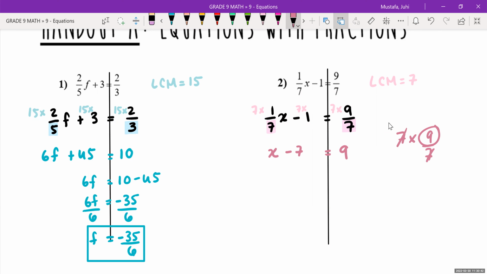So we're going to have x minus 7 is equal to 9. I'm going to move the negative 7 over to the other side. So I'm going to get 9 plus 7. And then my final answer is just going to be x equals 16. Yep.